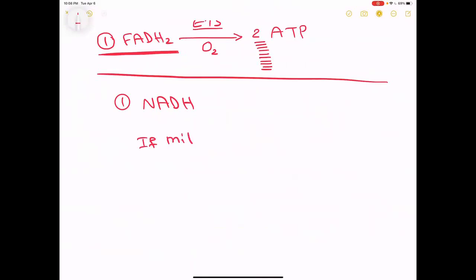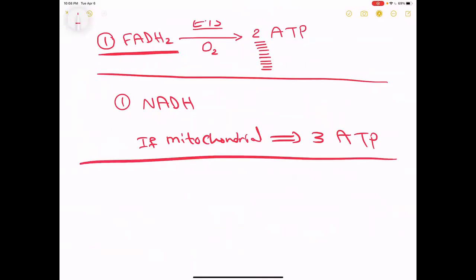if mitochondrial, then 3 adenosine triphosphate, per 1. The book will say 2.5. If cytoplasmic, then 2 or 3 ATP.